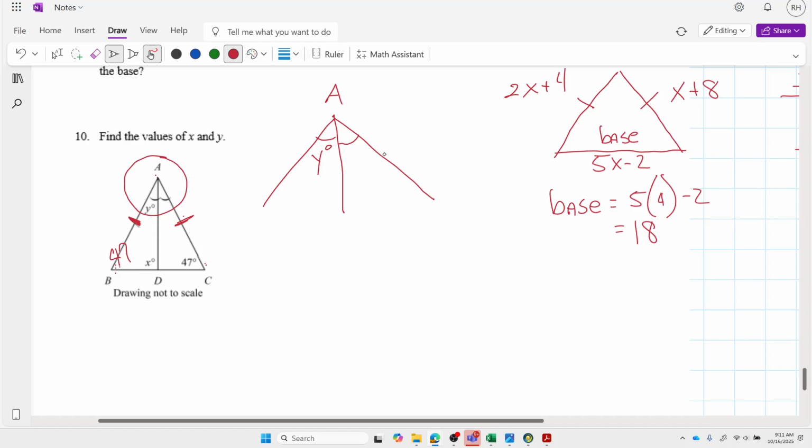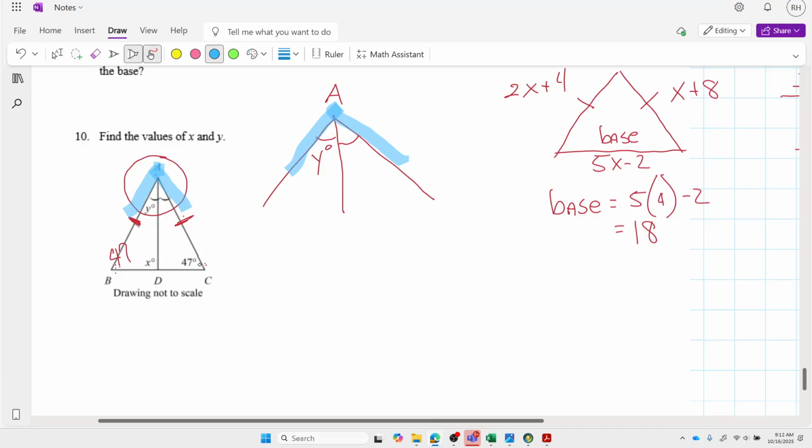Well, this whole angle up top is the third angle in this big triangle, okay?